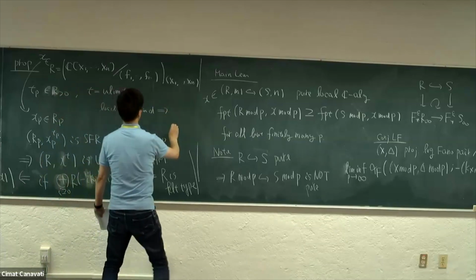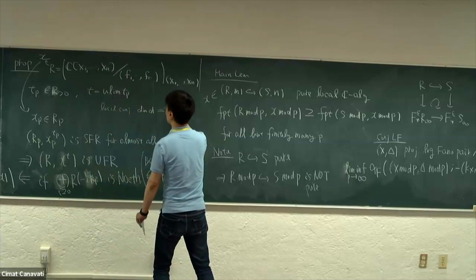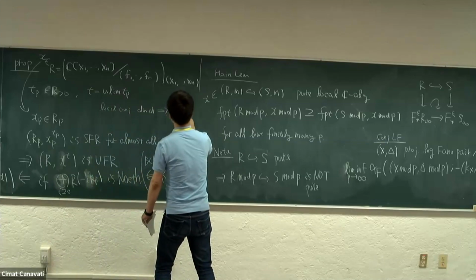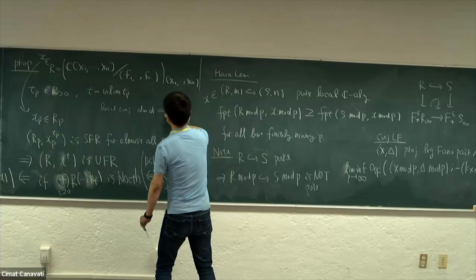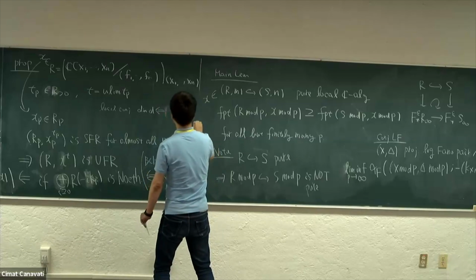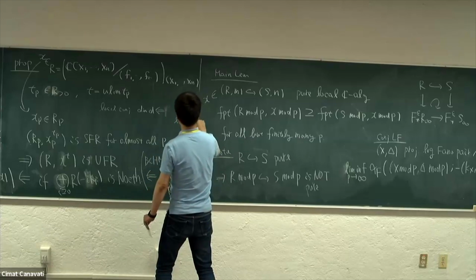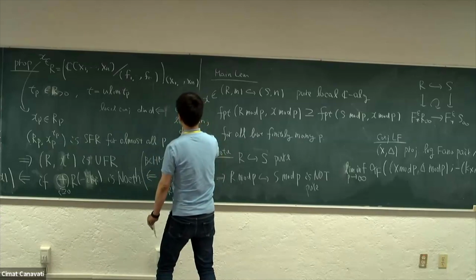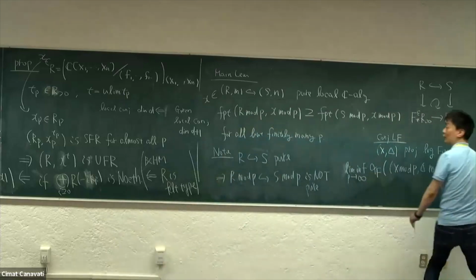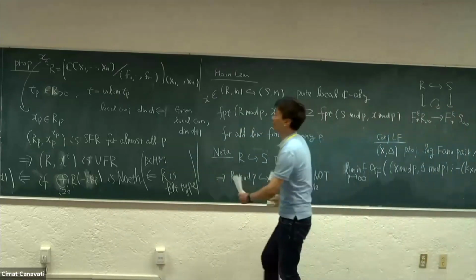In order to reduce to the Q-Gorenstein case, it's a Gorenstein local conjecture in dimension d plus 1, because we take the anti-canonical ring, so the dimension gets higher.